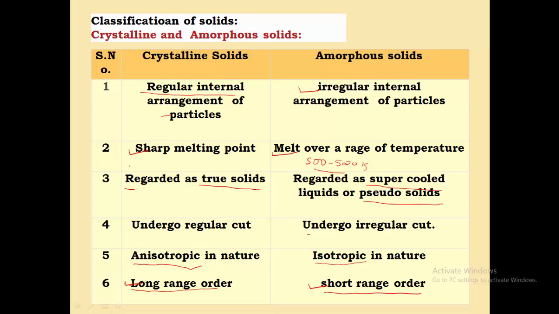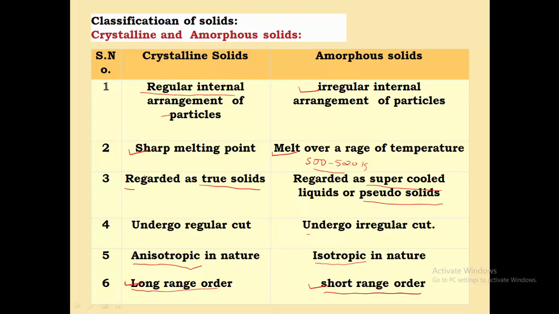Examples for crystalline solids are salts like NaCl and KCl. And examples for amorphous solids are rubber, silicone rubber, and glass. One important example of amorphous solids is silicon, which is used mainly in the conversion of light energy into electrical energy.